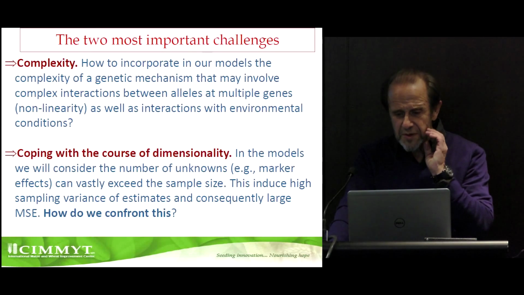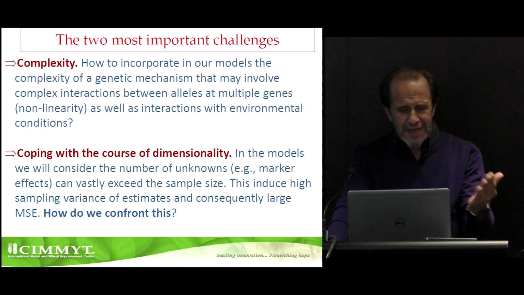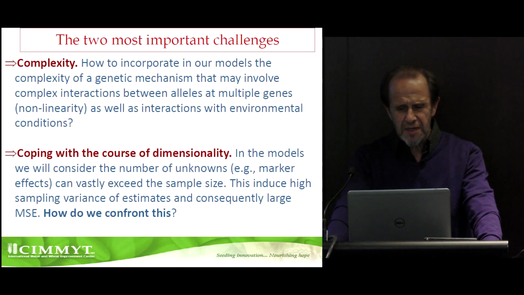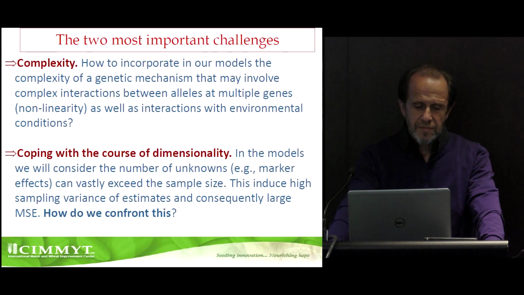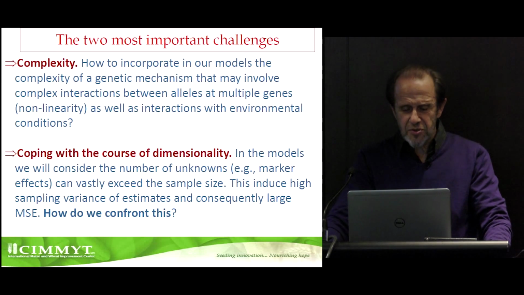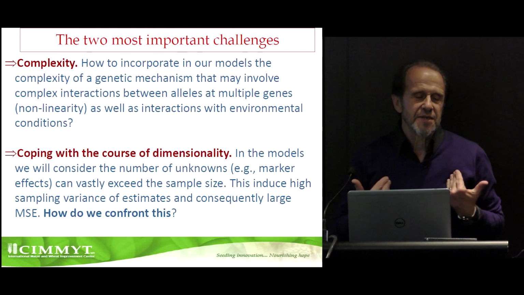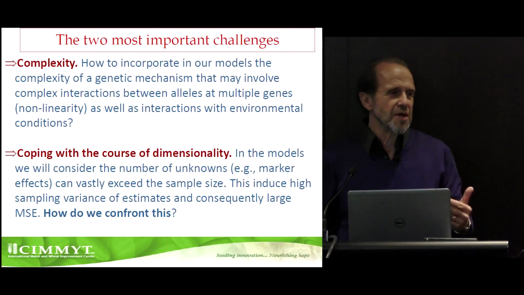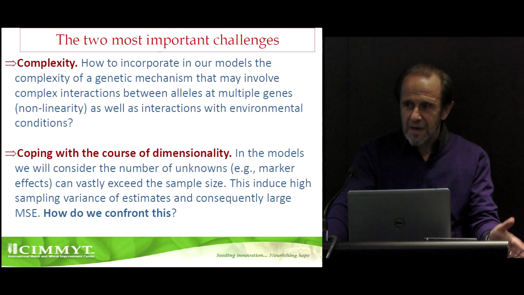The two most important challenges are the complexity we have to incorporate in our models, the complexity of the genetic mechanism that might be involved, and solving this curse of dimensionality. Because also in ordinary least square, we assume that the predictors are independent, which is not the case for markers, because the markers are linked.